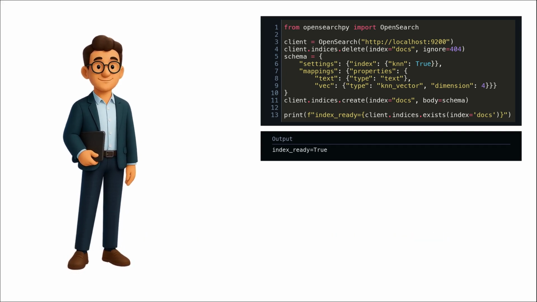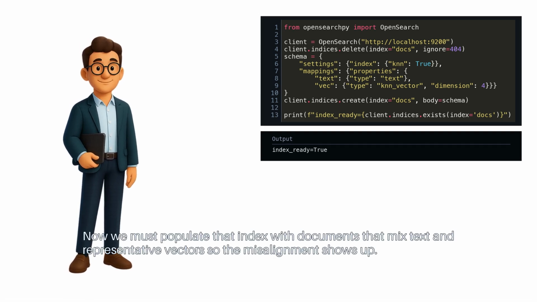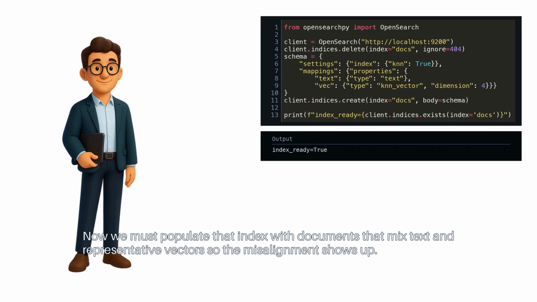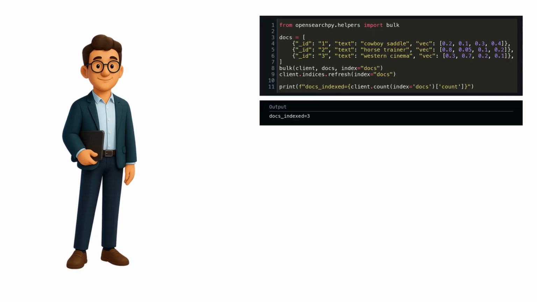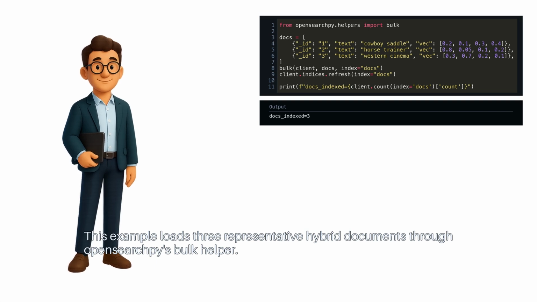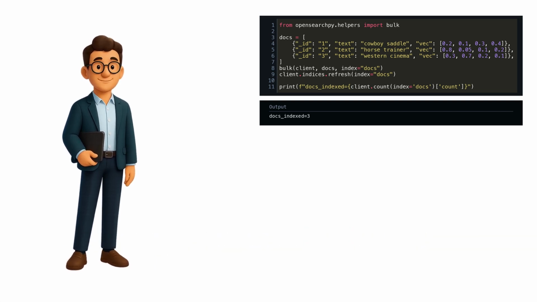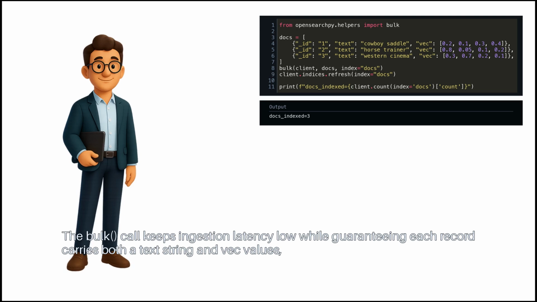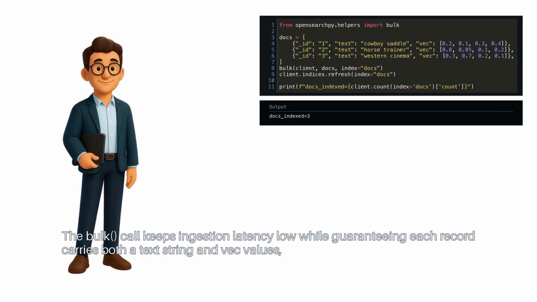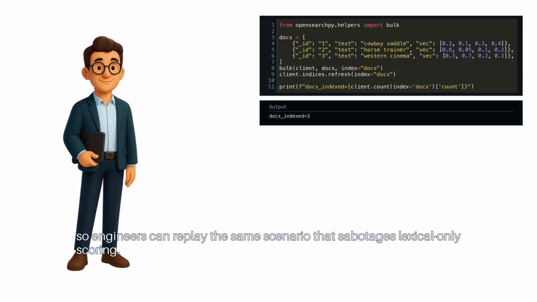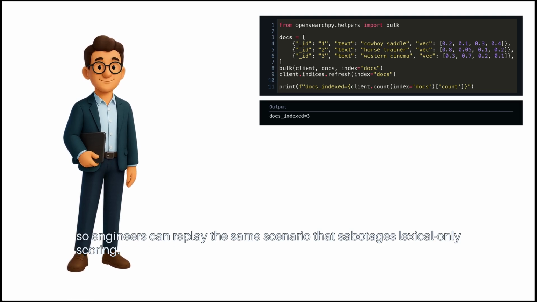on the same data. Now, we must populate that index with documents that mix text and representative vectors so the misalignment shows up. This example loads 3 representative hybrid documents through opensearch-py's bulk helper. The bulk call keeps ingestion latency low, while guaranteeing each record carries both a text string and vec values, so engineers can replay the same scenario that sabotages lexical-only scoring.